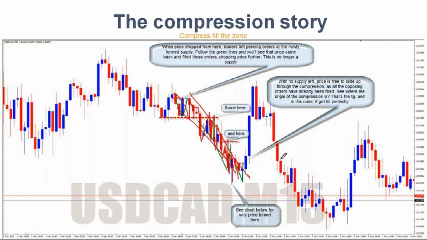It's clear compression. When that happens, see what happened. Momentum. The compression got cleared. It went to the origin of compression.